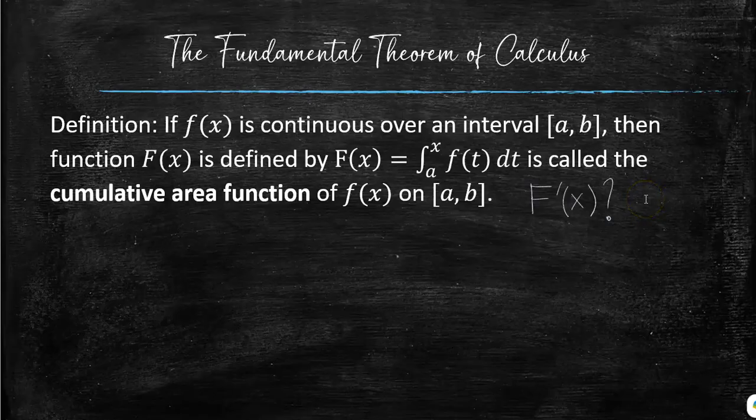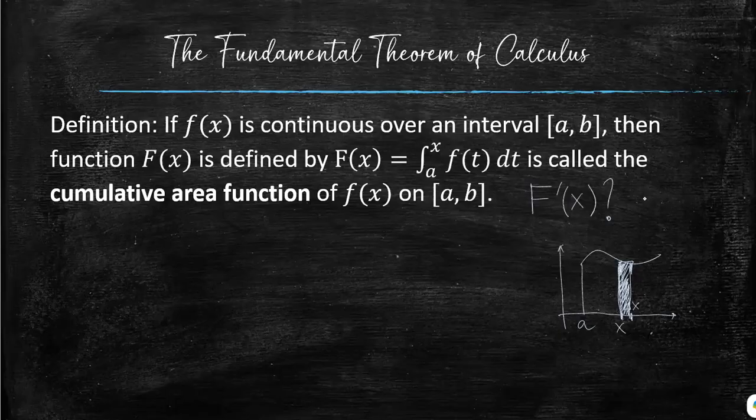And intuition is very simple. If you accumulate the area and you change x, let's say by some very small quantity, delta x, then the function changes output by what? Since it's the area, what's the additional area if x changes by delta x?